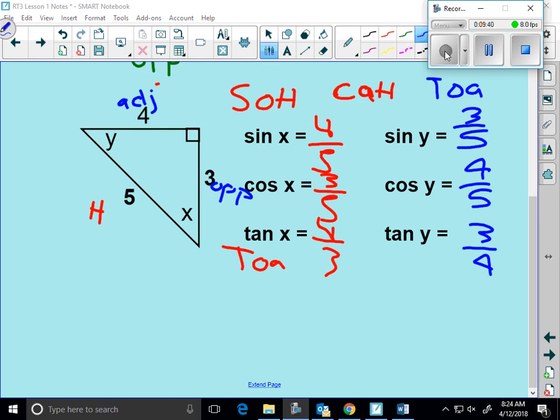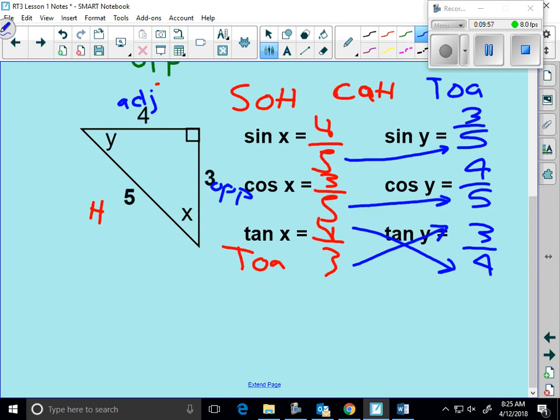What happened with tangent? They flipped. Now, what did we say about the hypotenuse? It never changes. But what happened with the adjacent and hypotenuse?